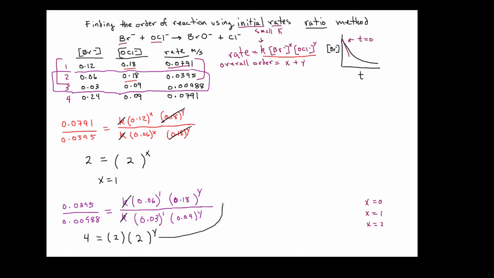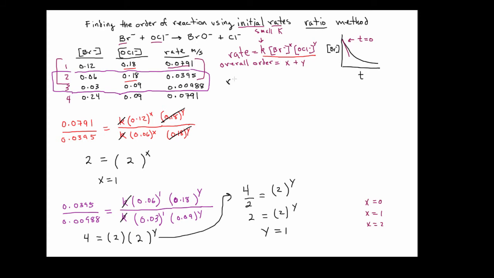So if I bring this over here now, we're going to have 4 divided by 2 is equal to 2 raised to the y power. So 2 is equal to 2 raised to the y. So the y power for this is equal to 1. All right, so now we've established the order for the OCl minus.